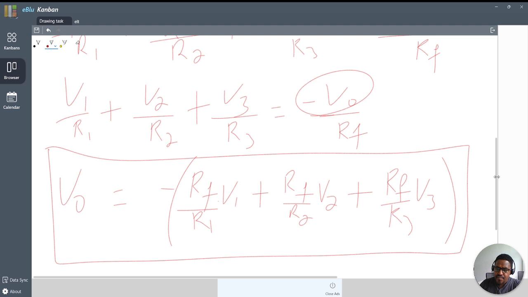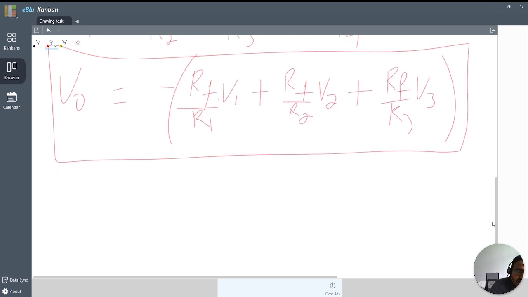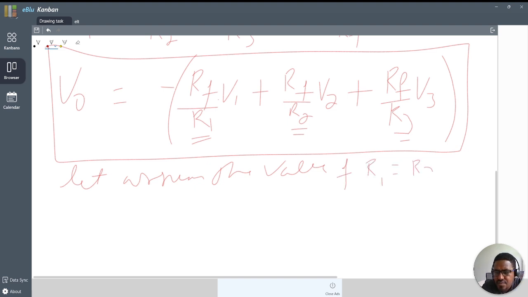So if the values of R1, R2, R3 are the same, let's assume R1 equals R2 equals R3, our circuit becomes simplified.